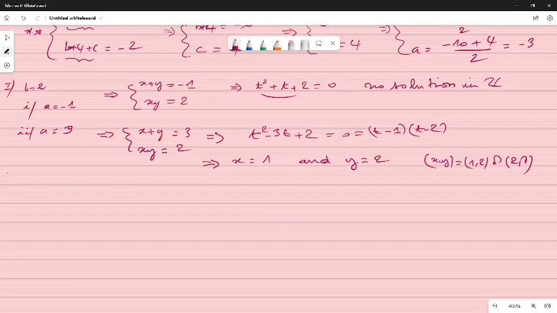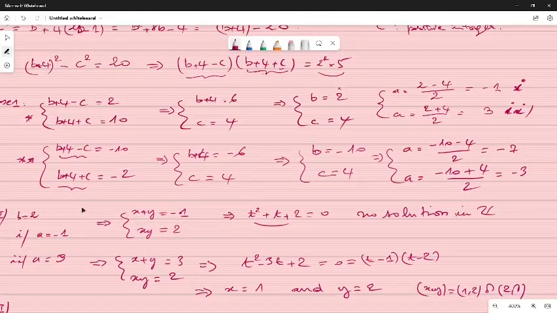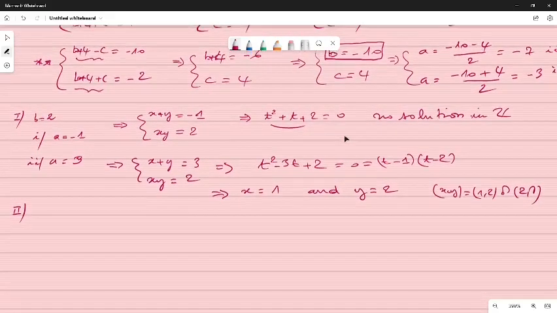We go to situation 2, which corresponds to b equals minus 10. Here we have two cases, the case 3 and the case 4. The subcase corresponds to a equals minus 7.